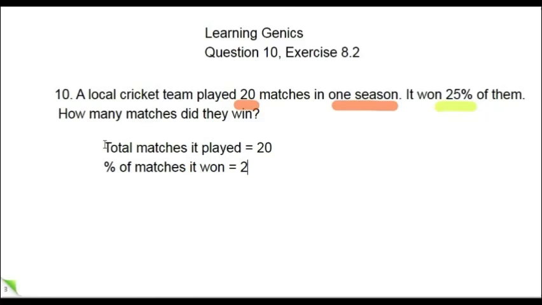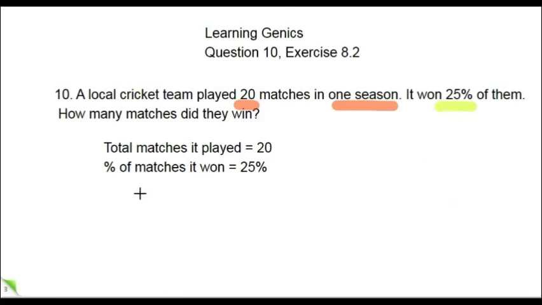Sorry for the caps. The percentage is 25%. Now we have to calculate how many matches they won. You must be remembering the mantra we have been trying to make you remember since question number one. So I'm going to start with the explanation.